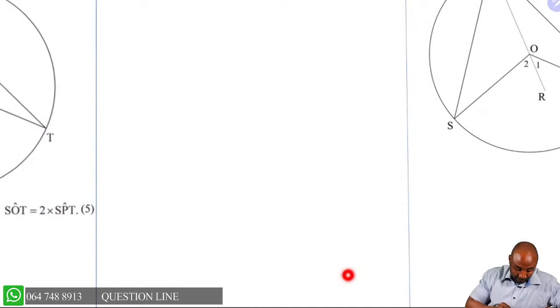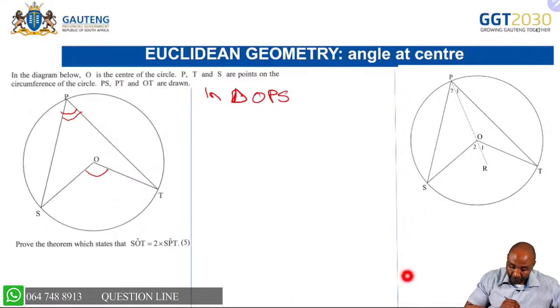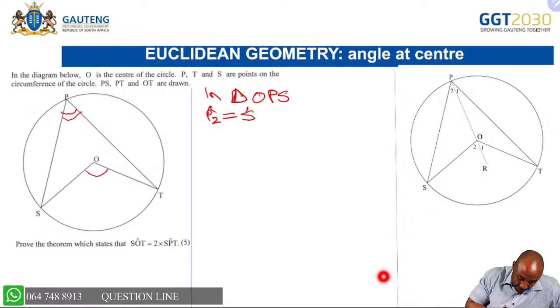In triangle, let me use triangle OPS. I am able to see that my angle P2 is equal to my angle S. These are angles opposite equal sides.